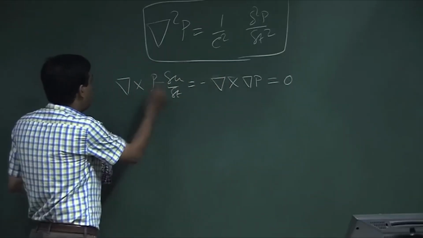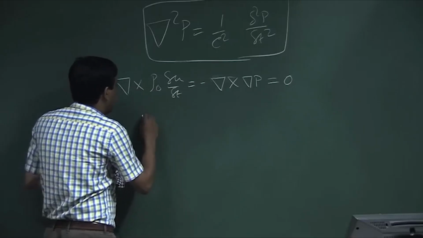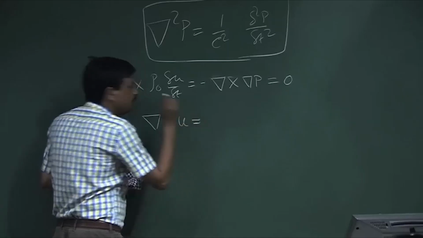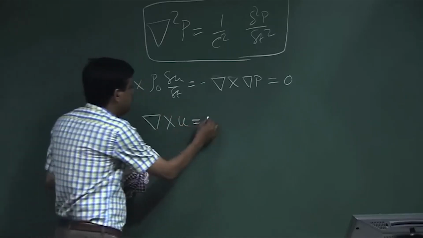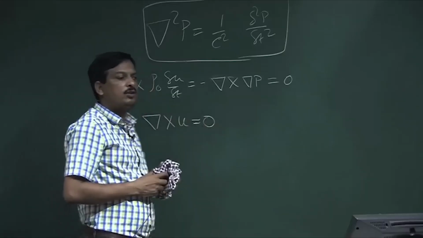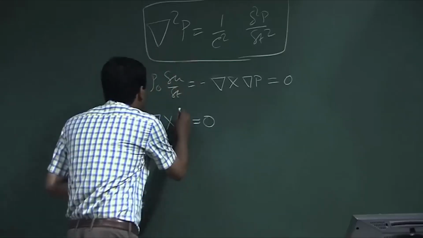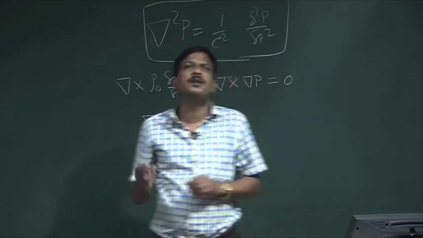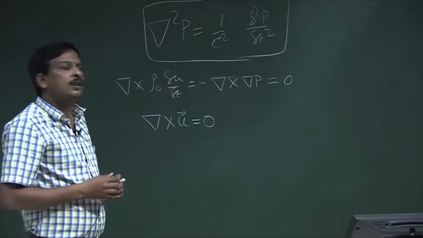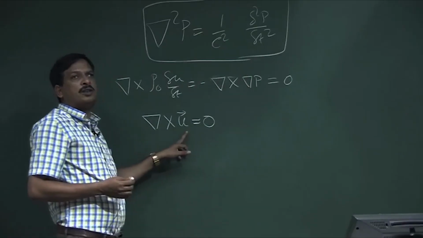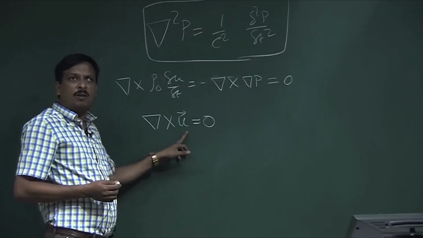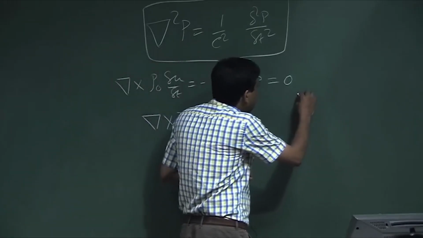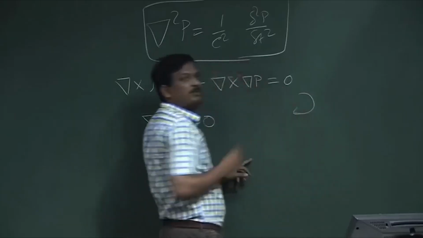This implies that the curl of the particle velocity u is equal to 0. What is the physical meaning of this? What is the curl of a velocity? It means that the particle velocity does not have any angular motion.